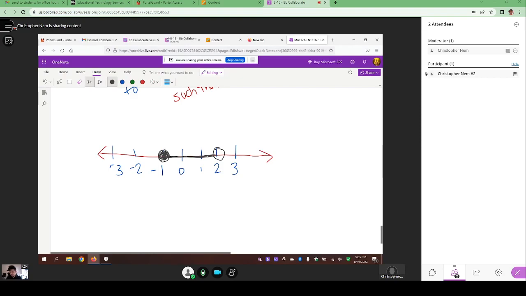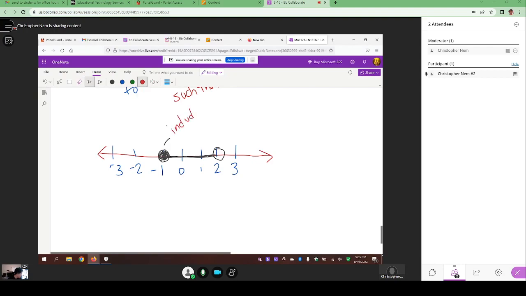An interval is a specific span that starts at one point and ends at another. So we need to find the starting point and where we need to end. Notice that we started at -1 and we ended at 2. However, on -1, the circle is colored in. That means we want to include that number. If it's colored in, we want to include it.